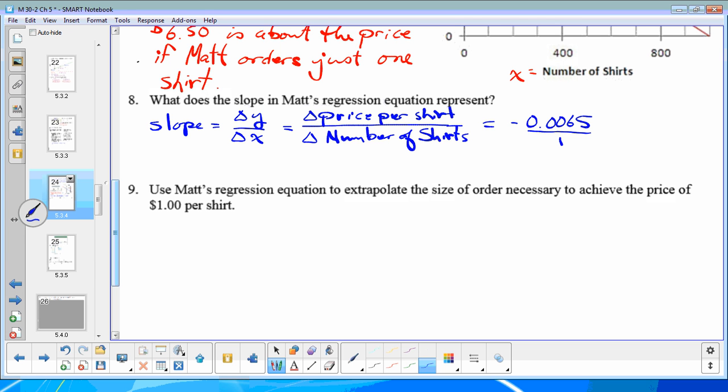He's buying huge quantities. So this means, let's use a different color.